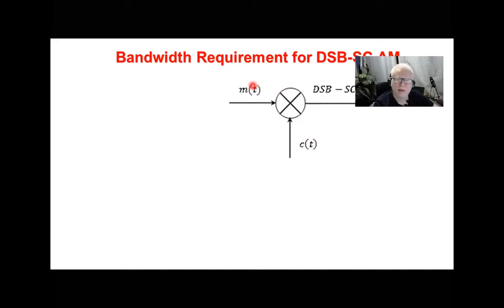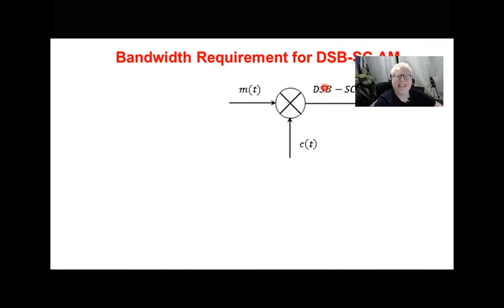The output is simply the message multiplied by the carrier, so now the output is m(t) cosine 2 pi fc t. The modulated signal has no DC offset, no shifting, and no separated carrier.